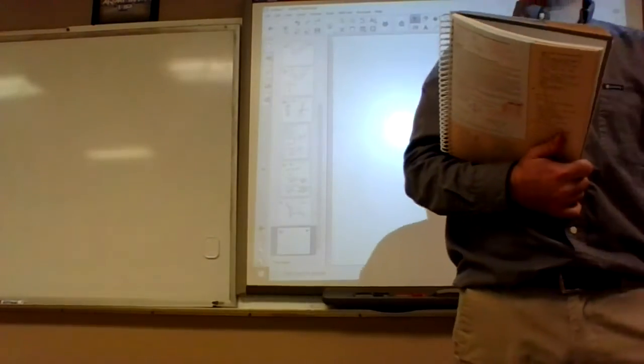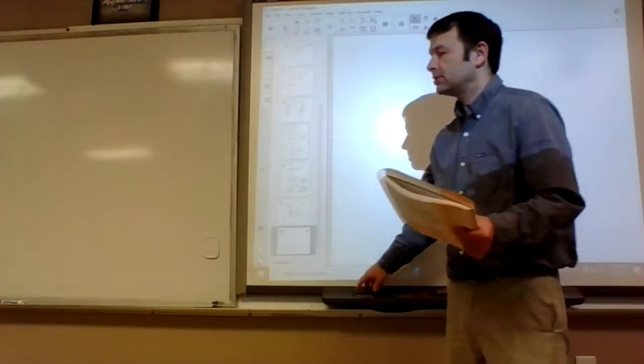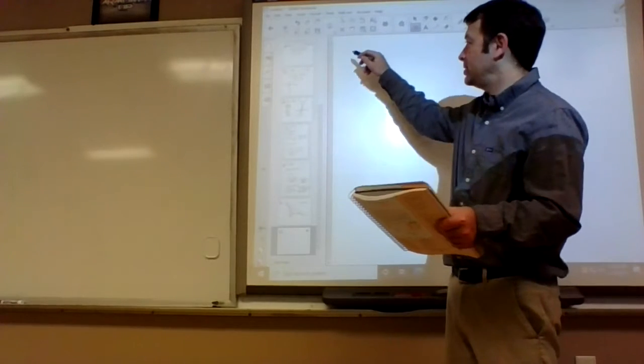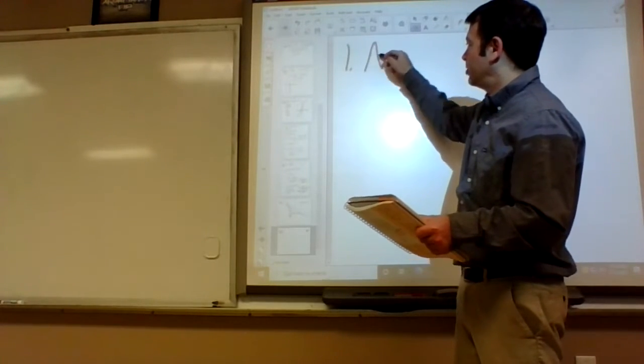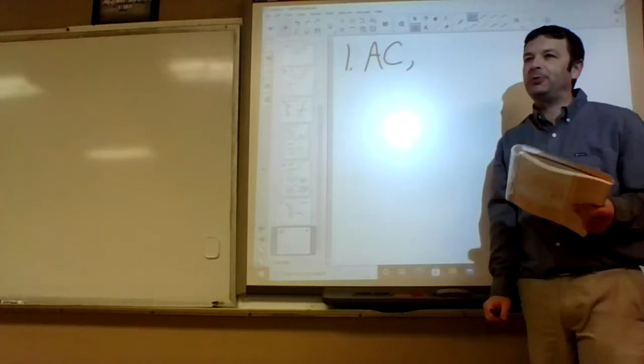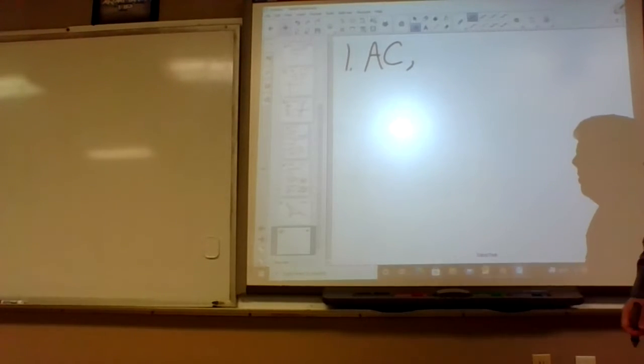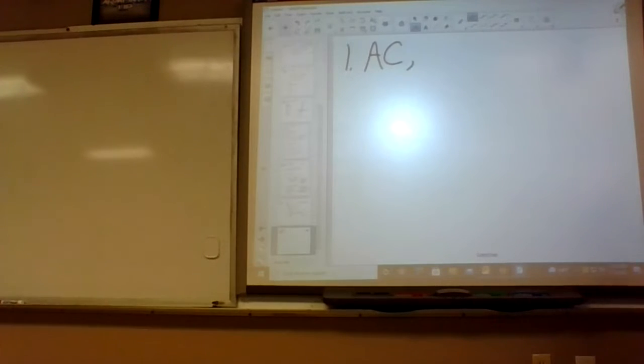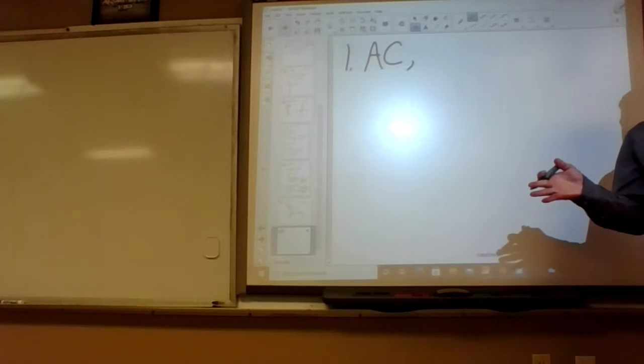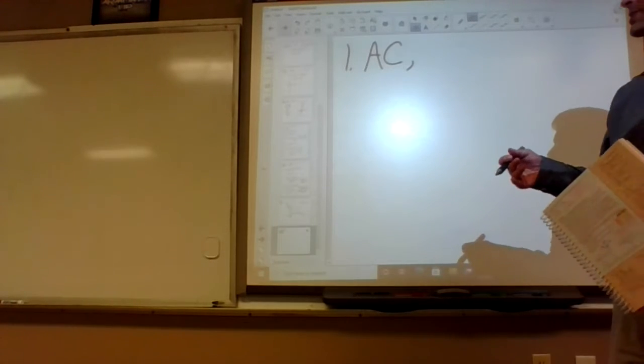So what is the smallest side on number 1? AC. The smallest angle opens up to the smallest side. It is a line segment, but we're talking about the lengths of the segment. The smallest length is the length of AC.